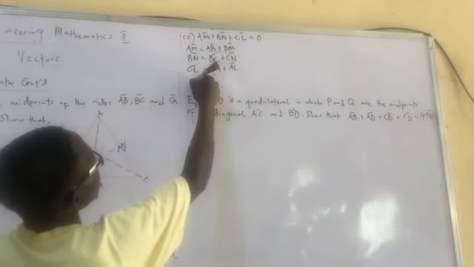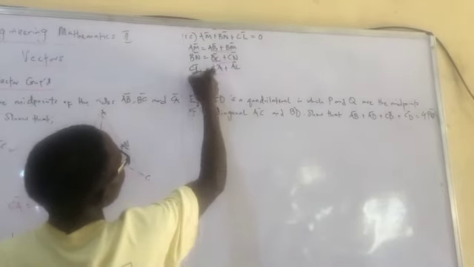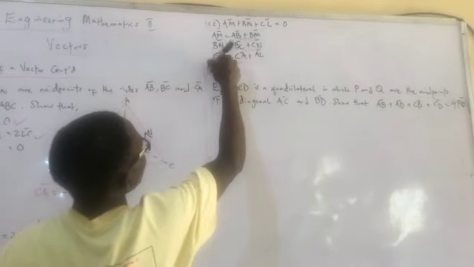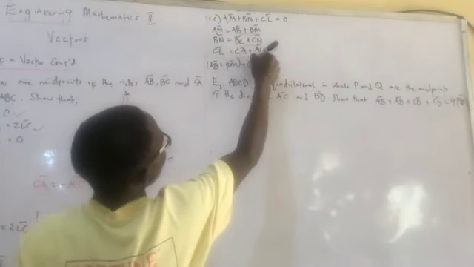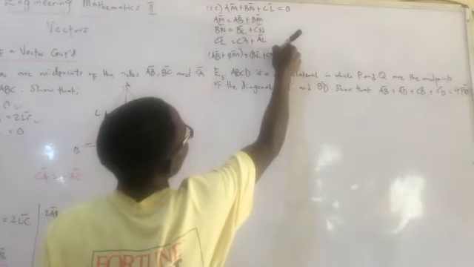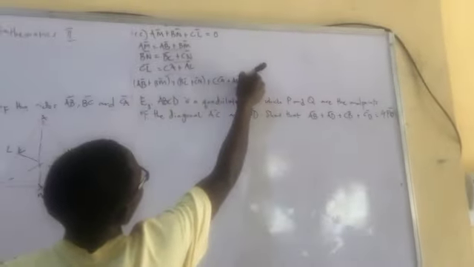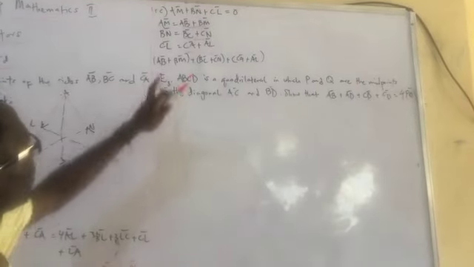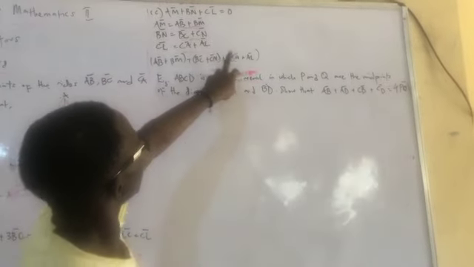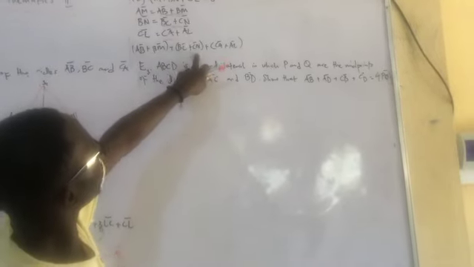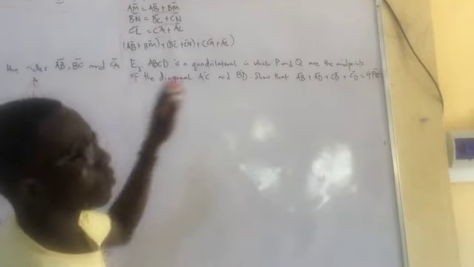So now let's sum up everything according to what we are having. We'll be having AB plus BM plus BC plus CN plus CA plus AL. As you can see, AB plus BC plus CA, they are related. We pack them in one place. Then we have BM plus CN plus AL, they are related also.